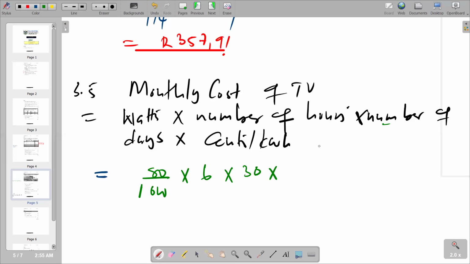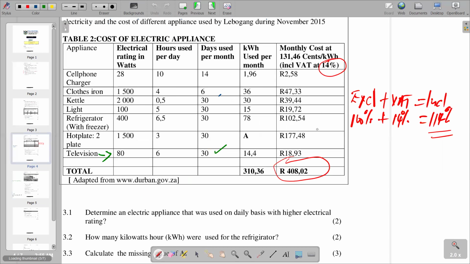Then we multiply by cents per kilowatt hour, which we're given as 131.46, and of course we're going to divide it by 100 to convert cents to rands.